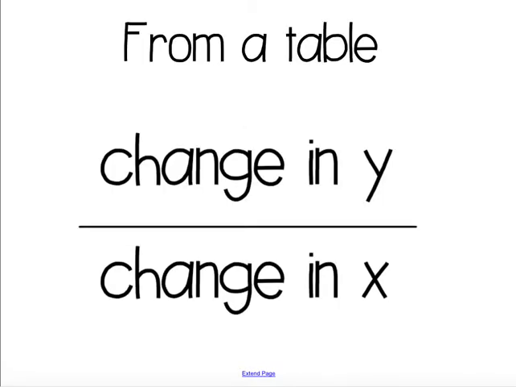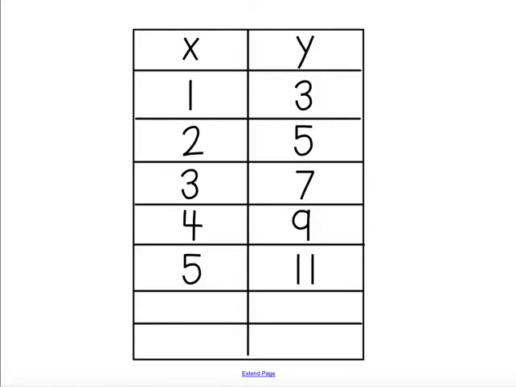Okay, our third way is from a table. Again, we have change in y over change in x. So looking at a table here, again, it doesn't matter which 2 points you choose as long as you're using corresponding points. So I could pick from 1 to 3, 1 to 2, 1 to 4, 2 to 5. It doesn't matter as long as I'm using those same points in the y.